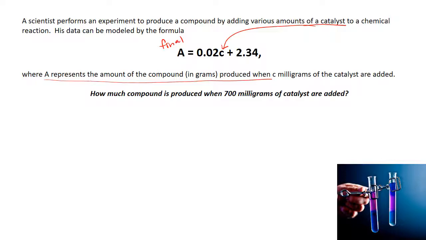So the question is, how much of this compound is produced when you have 700 milligrams of the catalyst? So the 700 is the C. What I will do is substitute in 700 in place of C, and you can multiply that either with or without your calculator.